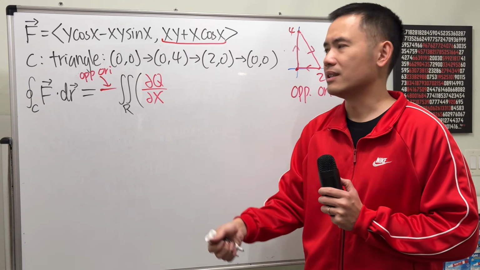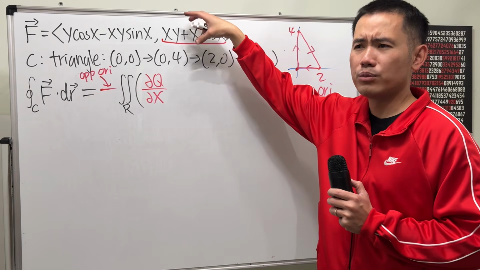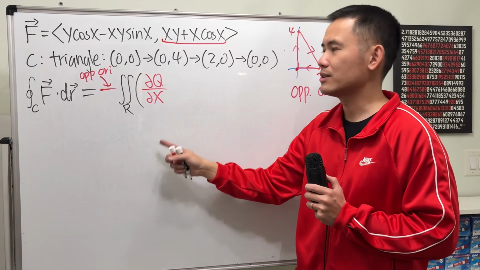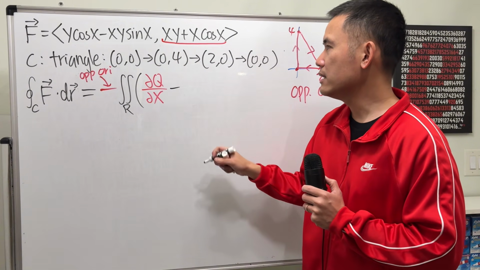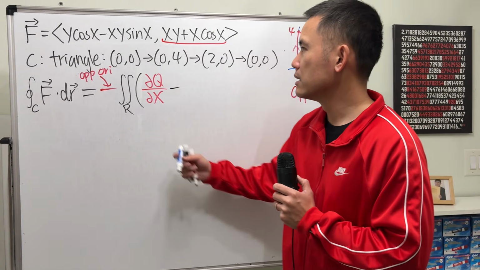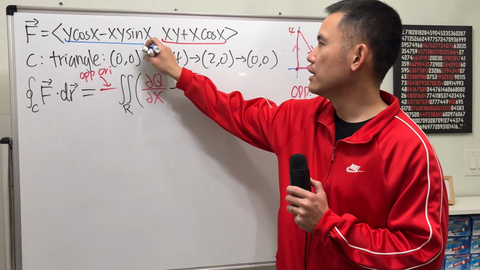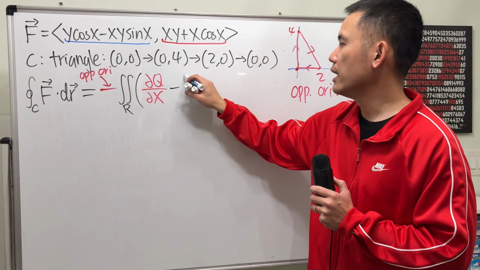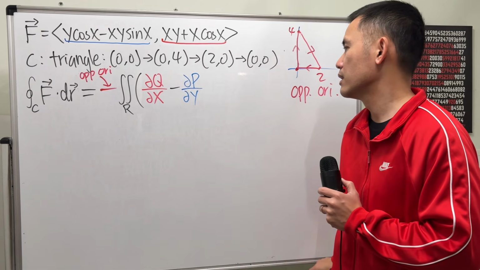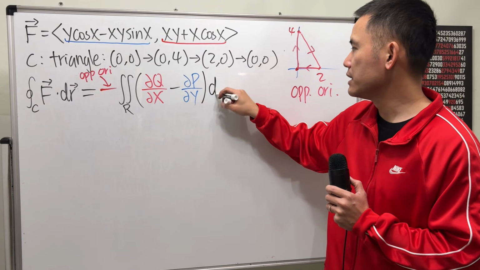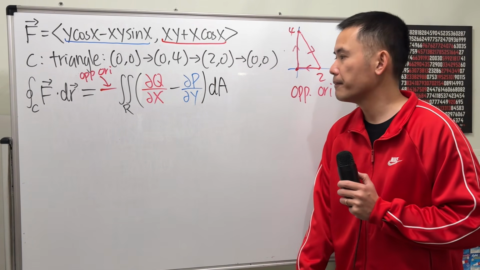Remember, it's always the opposite, because this is like the y component, you do the opposite. And then you subtract the second part, which is usually denoted as P, and we'll take the partial of P with respect to y. And then we will have dA on the side.